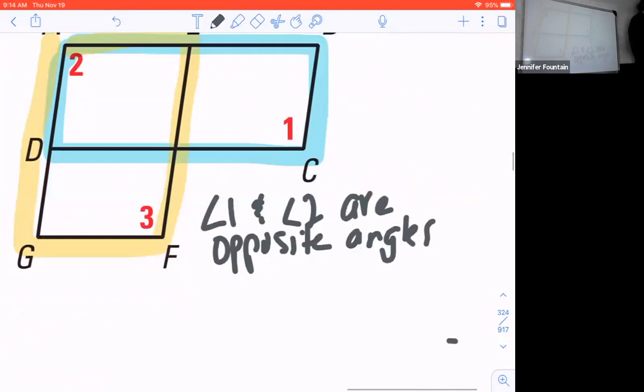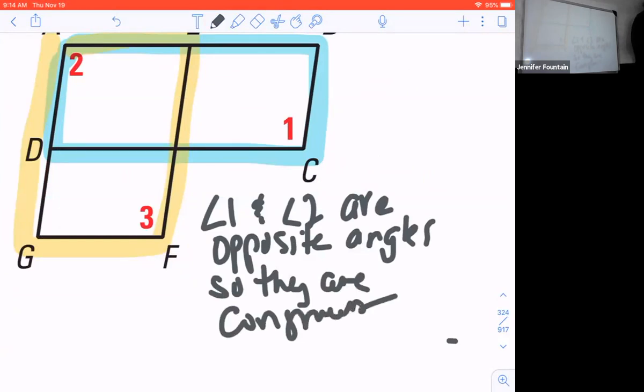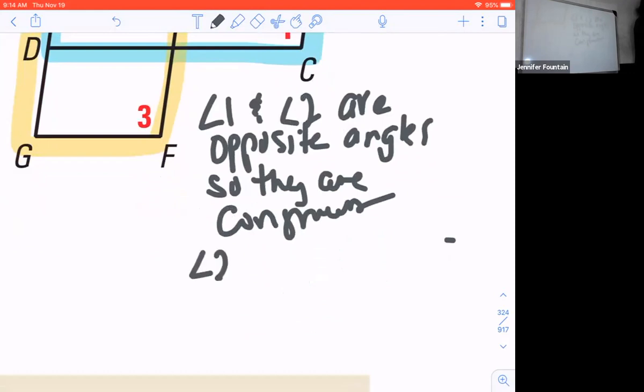So they're congruent, right? So wouldn't angle 1 be consecutive compared to angle 3 because of the transitive property? We're getting there. Good. Okay, so we said that we know that angle 1 and 2 are opposite angles, so they're congruent. What else do I know about angles 2 and angle 3? They're congruent.